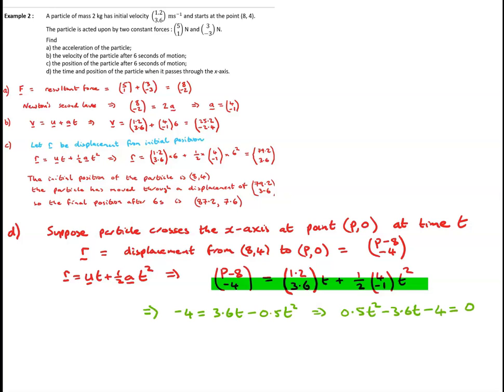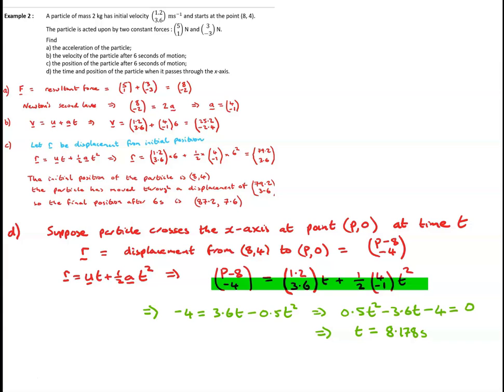That can be rearranged to 0.5t squared minus 3.6t minus 4 equals 0. I'm looking for the positive solution of that, so we've got t is 8.178 seconds.